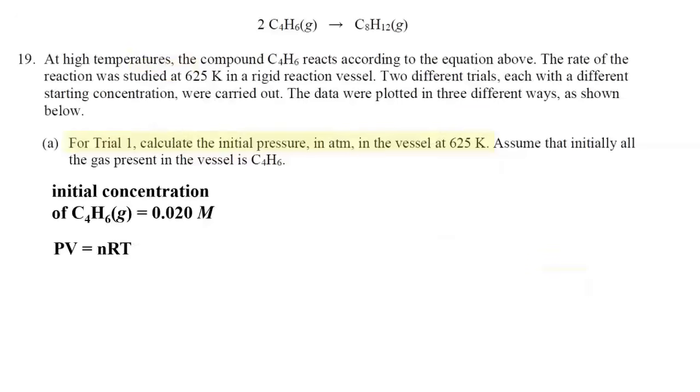All right, so we know that the concentration at time 0 was 0.020 moles per liter. Then n, the number of moles, can be 0.020. V, the volume in liters, can be 1 liter.